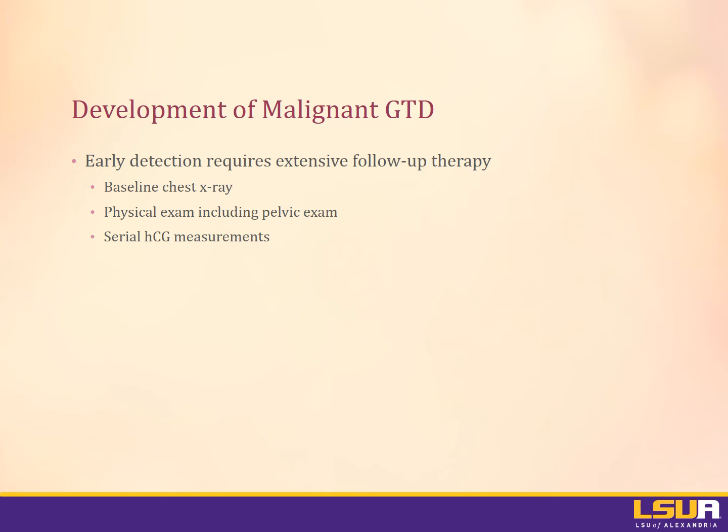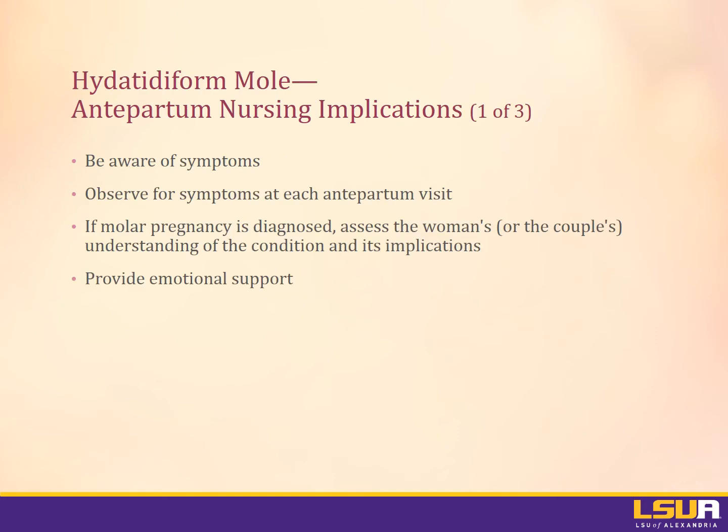So, malignant gestational trophoblastic disease, early detection, of course, is key. We'll do a baseline chest x-ray, a pelvic exam, and serial HCG measurements. We need to be aware of the signs and symptoms at each visit.